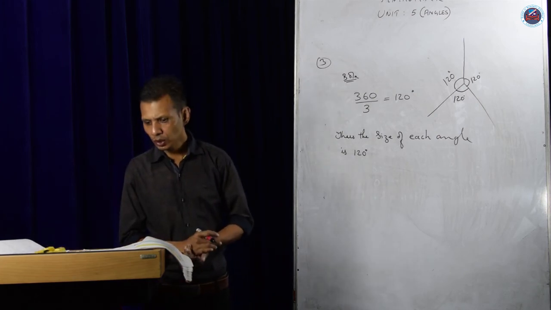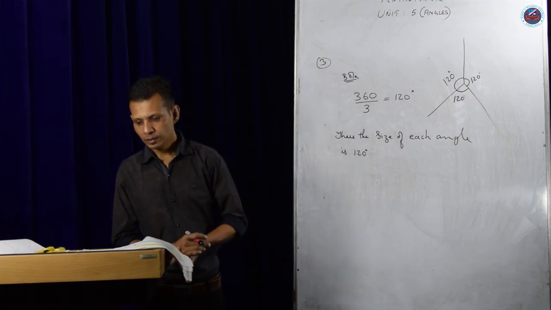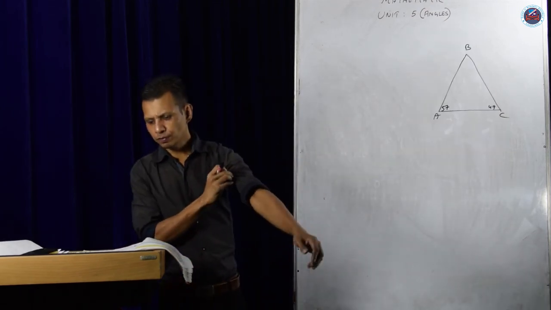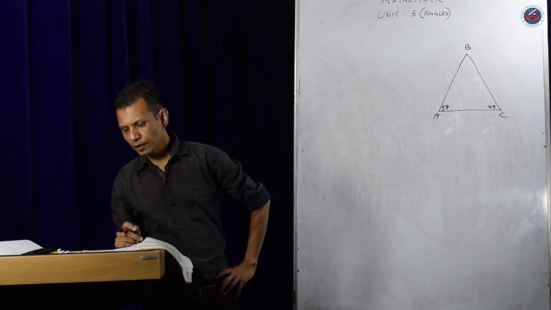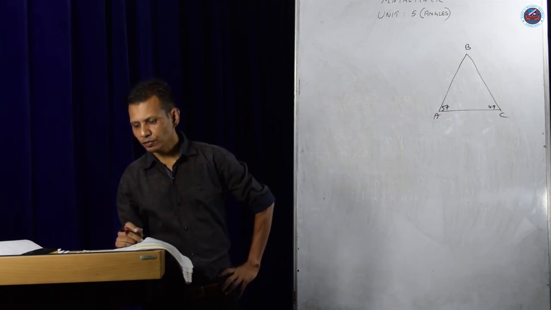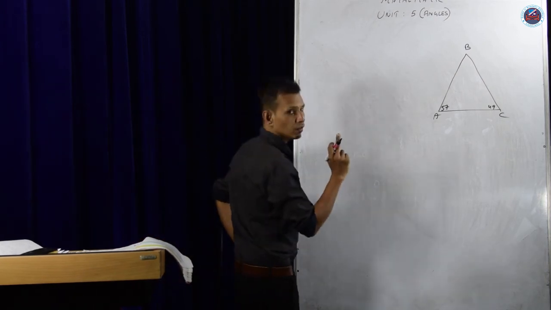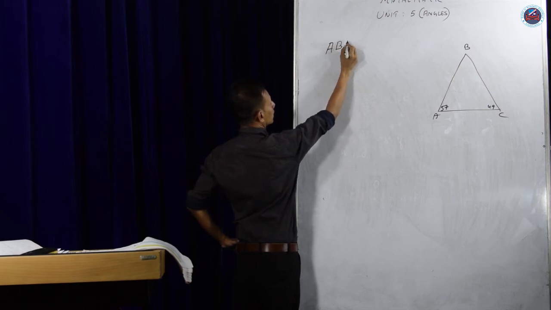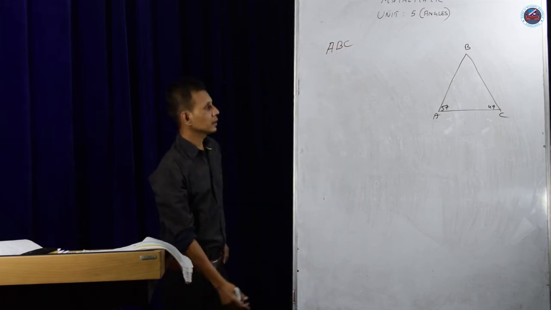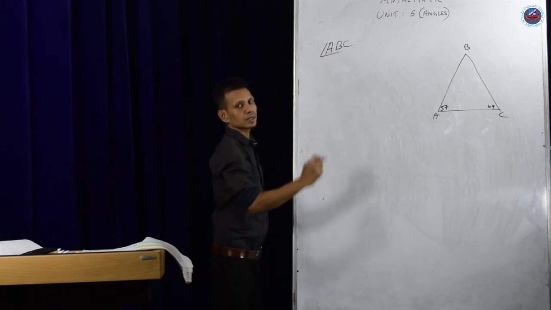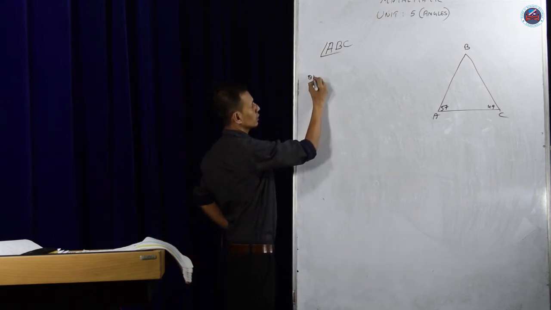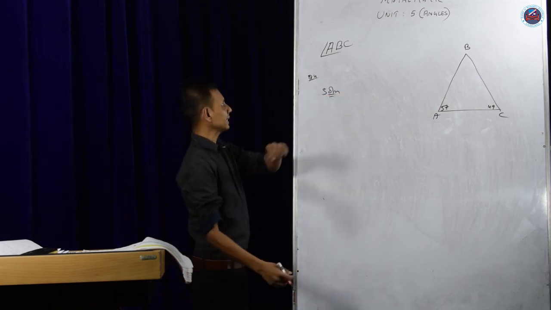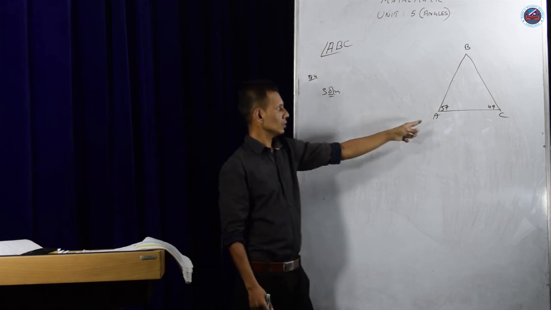Now, I'd like to go to question number 4. Well, children, question number 4 says, calculate the size of angle ABC in each of these triangles. They ask you to find angle ABC. Don't think that they are asking you to find angle A. Why should I find it?